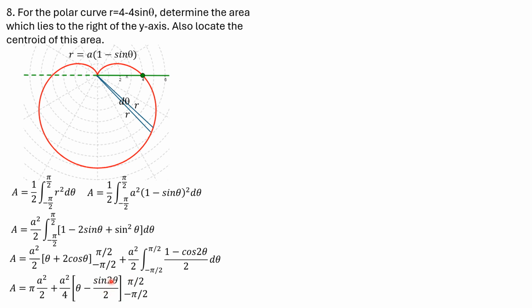Since sine of 2 times pi over 2 is sine of pi, which is 0, and sine of 2 times negative pi over 2 is sine of negative pi, which is also 0, so the whole of this is 0. So pi over 2 minus negative pi over 2 is, again, pi. Therefore, area is pi over 2 a squared plus pi over 4 a squared, and that makes it 3/4 pi a squared.